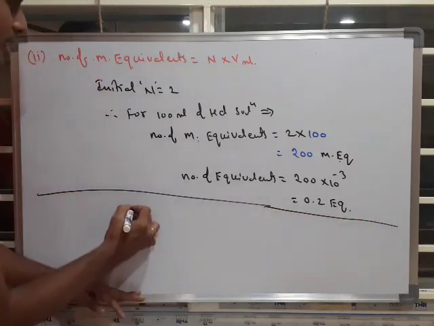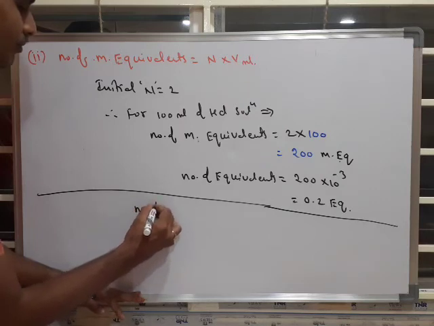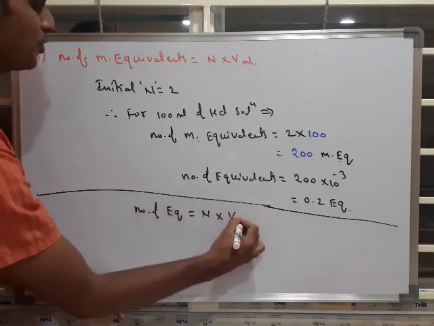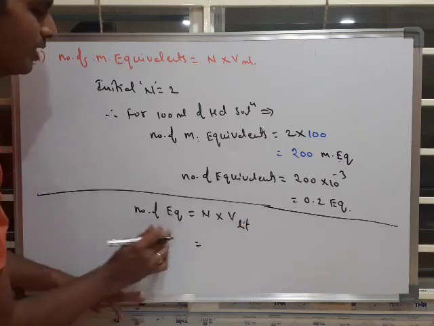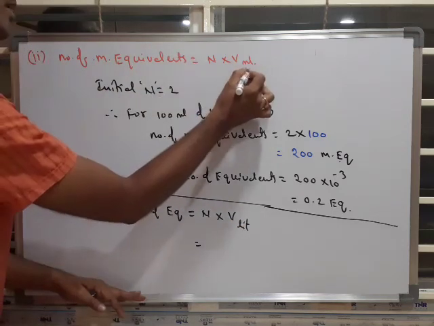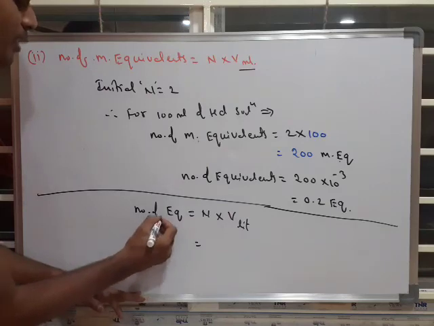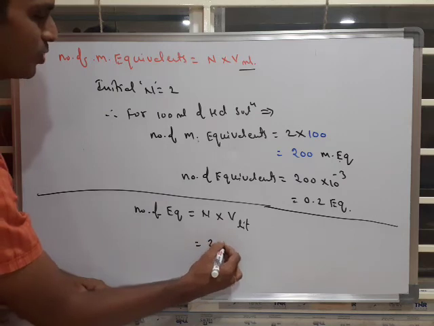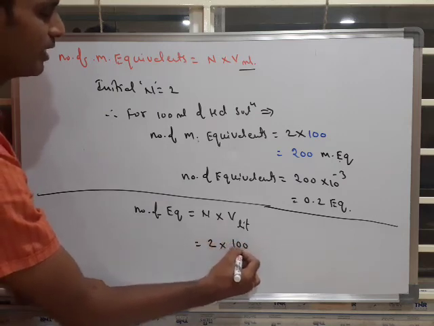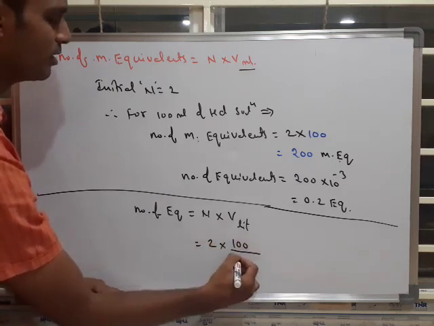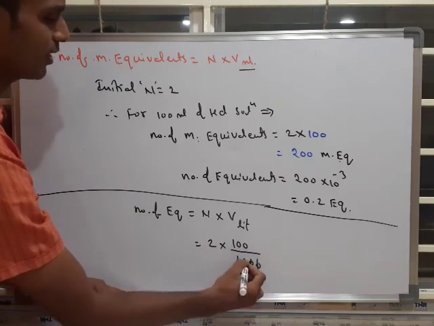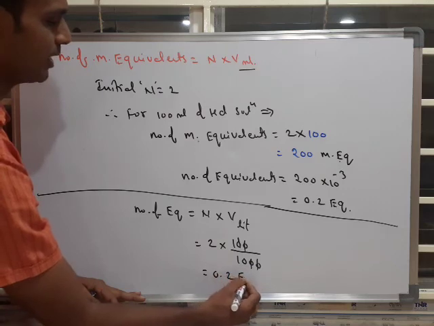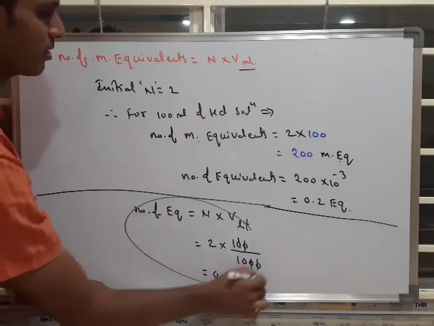Writing it another way: number of equivalents equals normality into volume in liters. What is the normality? 2. What is the volume? 100 milliliter, converted into liters by dividing by 1000. So finally we get the same thing, 0.2 equivalents. It is very simple, one step like that.